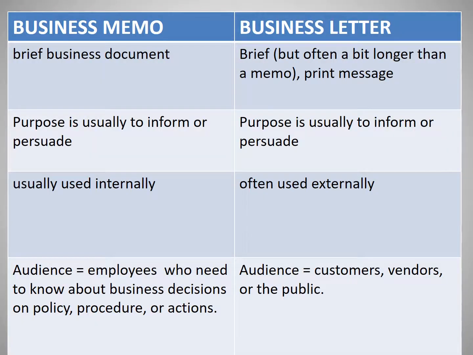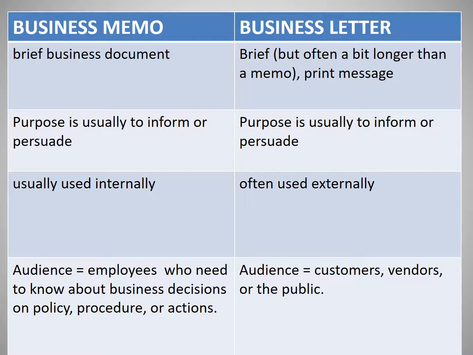And here we just have this nice little chart to remind us about the components of a business memo as opposed to a letter, which we will come to later. So let's just look at the business memo piece of it. It's going to be brief. Its purpose is going to be either to inform people about something or to persuade them to do something.